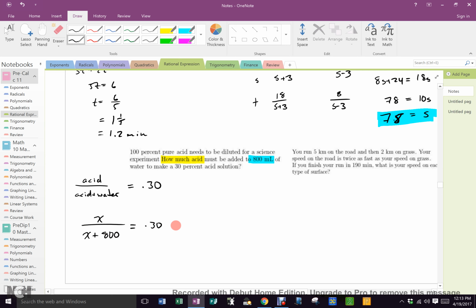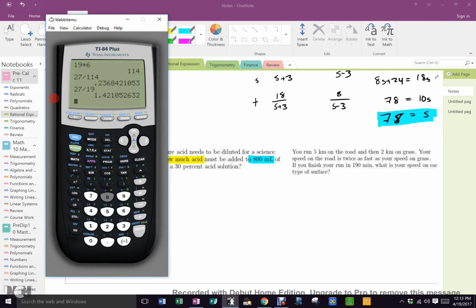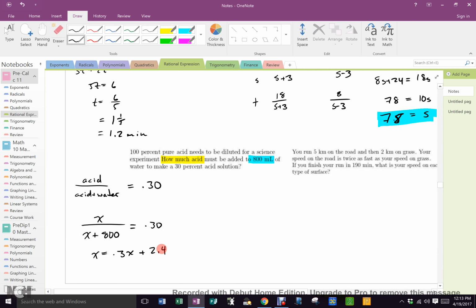So I just crisscross. X has to equal 0.3x plus 800 times 0.3. Just make sure, it might be 24. I'm being a bit of an idiot. 800 times 0.3 is 240. There we go.